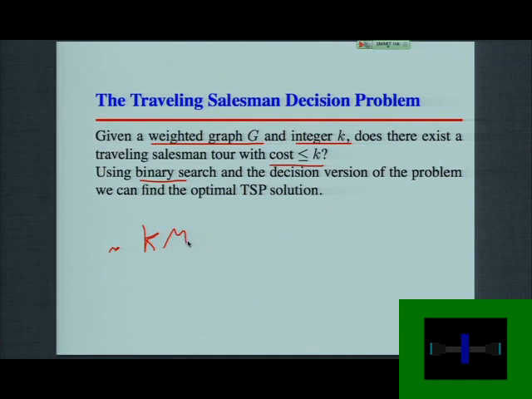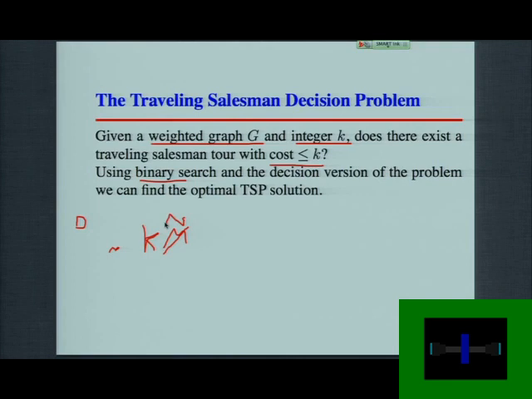That's the upper bound of summing up all the edges in the graph. Can anyone give me a better upper bound? k times the number of vertices would be an even better upper bound. Does everybody see that? Because the tour has to visit every vertex once, right? So now we know that the size of the optimal tour is between 0 and k times n, right?